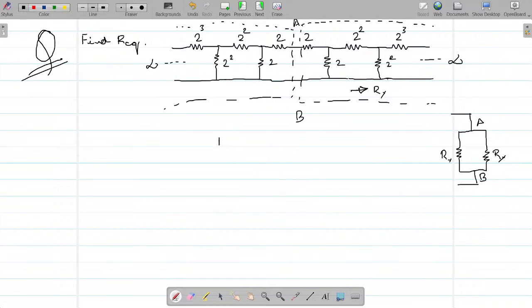So can I write R equivalent is equal to Rx by 2, right? Can I say that? Now I am just taking Rx. So, Rx is equal to what?